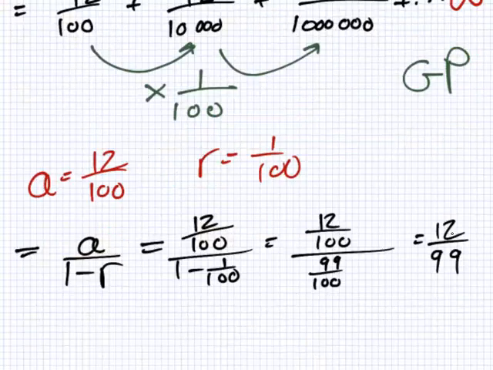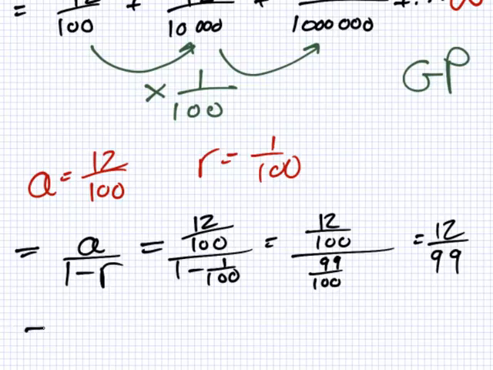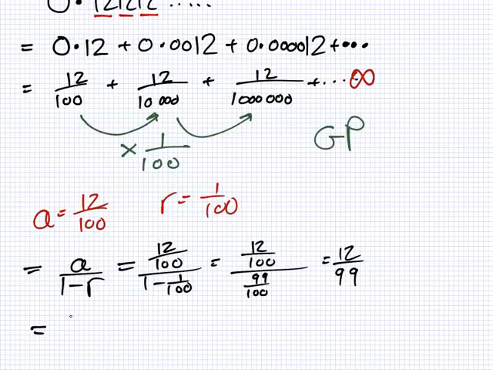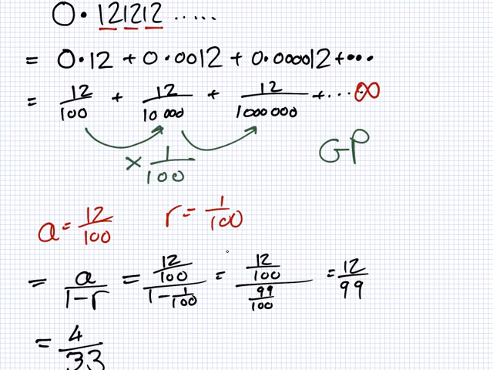Actually, sorry, that 12 over 99 can be simplified, can't it? 4 over 33, yeah. You're dividing by 3. So this is the answer here. It's not really a limit. What you're doing is you're rewriting a decimal, which is infinite, as a fraction.